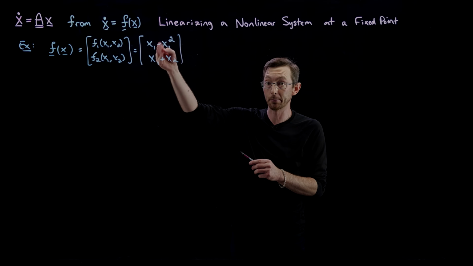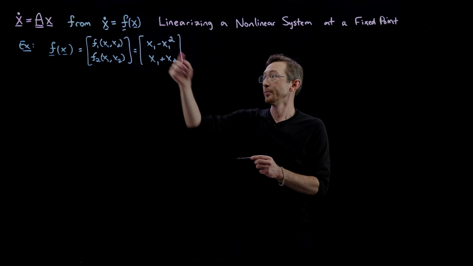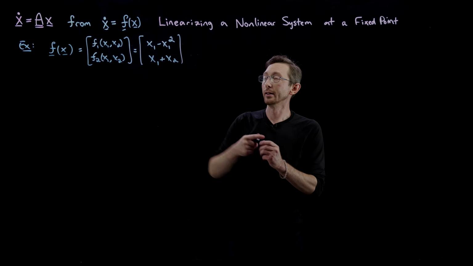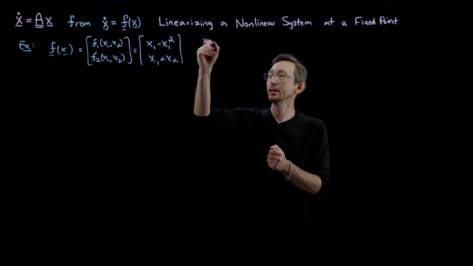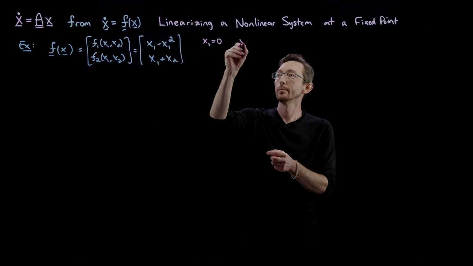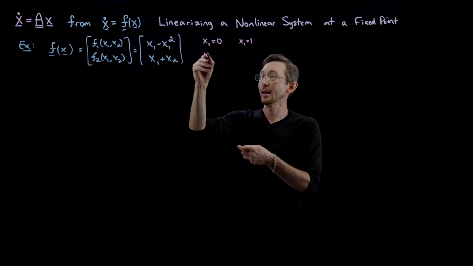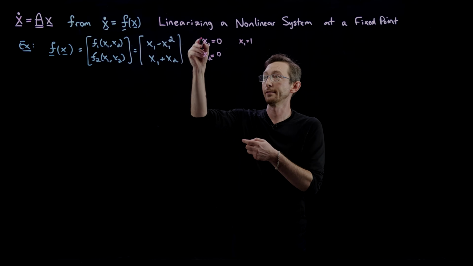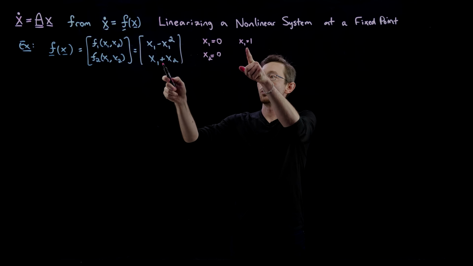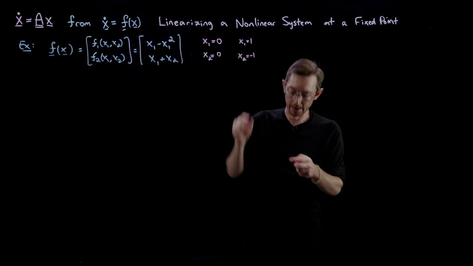So there are two fixed points of the system where both of these equations are equal to 0. In the top equation, x1 can equal 0, or x1 can equal 1. And if x1 equals 0, then x2 has to equal 0. That's a fixed point. And if x1 equals 1, then x2 equals minus 1.